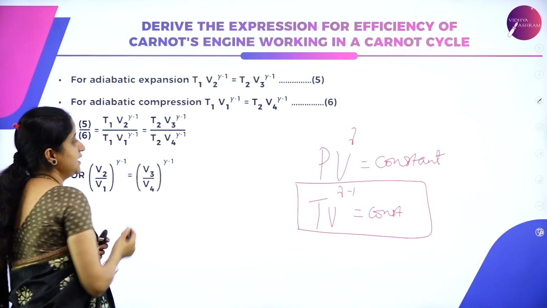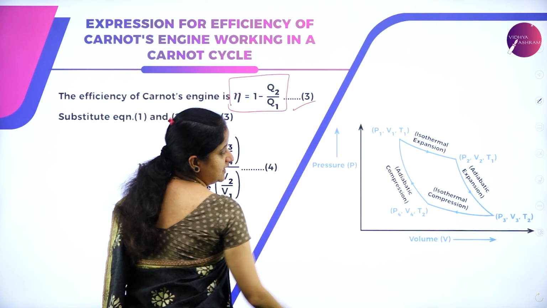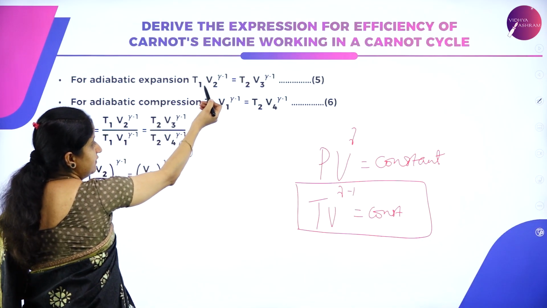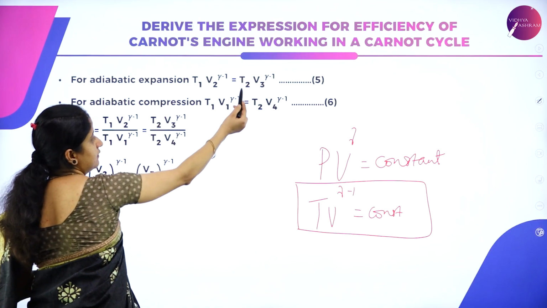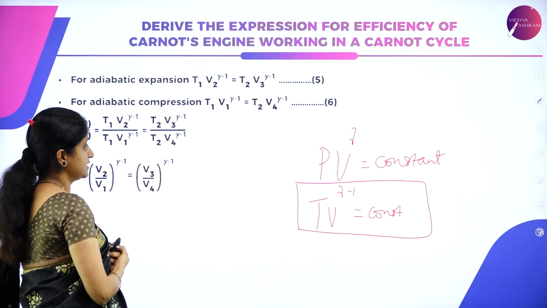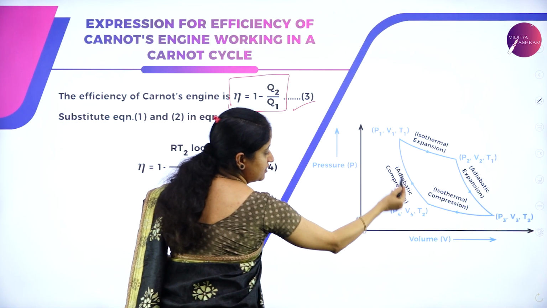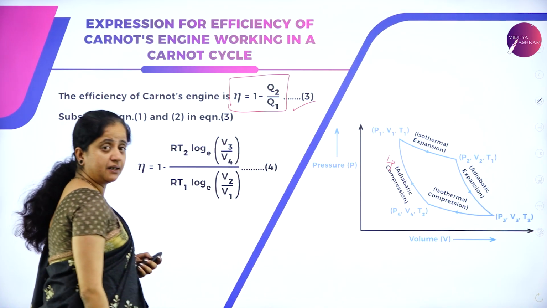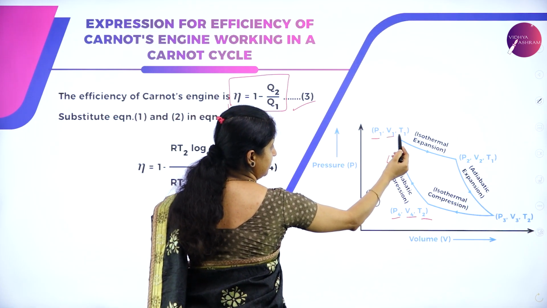For adiabatic expansion, look at the diagram. Adiabatic expansion, what is T? Our T is T1. So T1 V2 gamma minus 1, and here it is T2 V3. So our equation will be T1 V2 gamma minus 1 equal to T2 V3 gamma minus 1, and we'll call it as equation 5. We have another adiabatic process, that is our fourth stage, adiabatic compression. Here the variables are P4 V4 T2, P1 V1 T1.